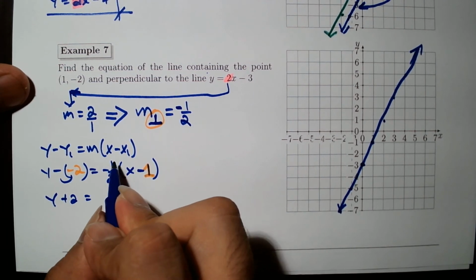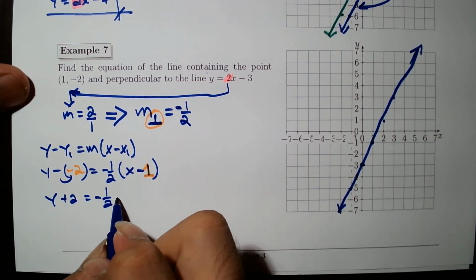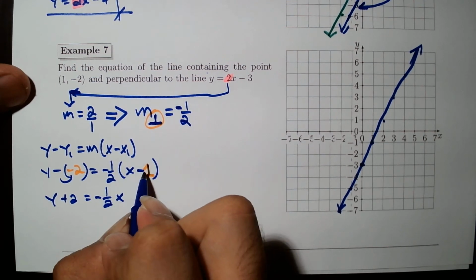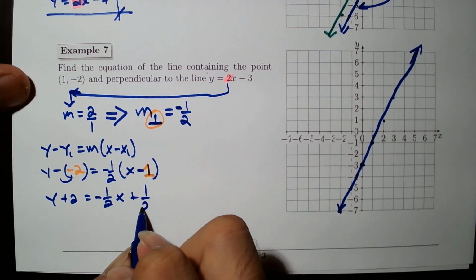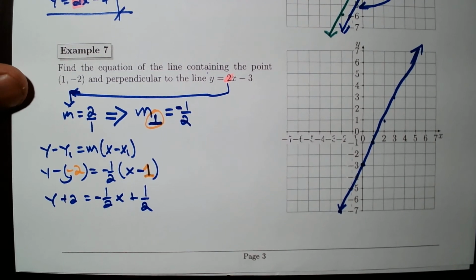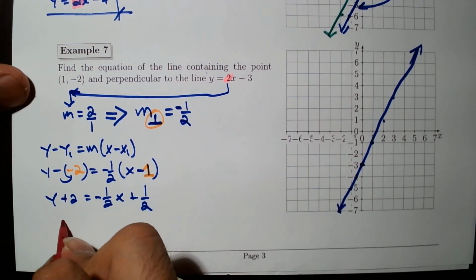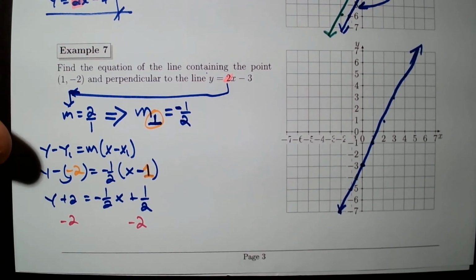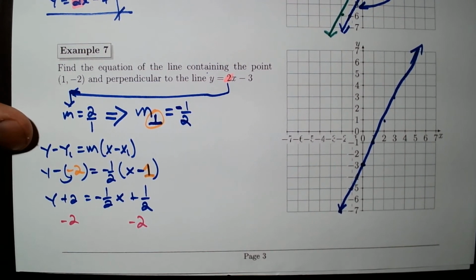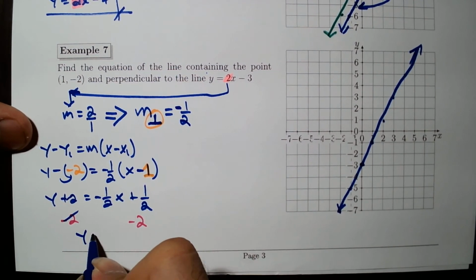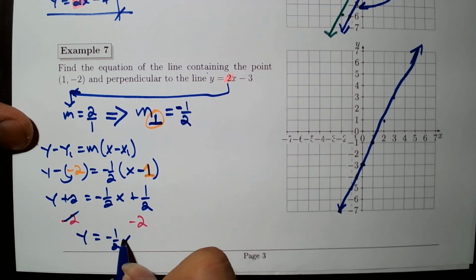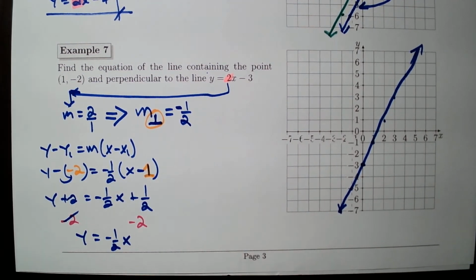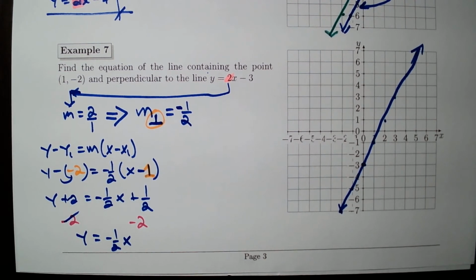Distributing the negative 1/2, we get negative 1/2 x, and then negative times a negative is positive 1/2. Finally, we subtract 2 from both sides to get y equals negative 1/2 x, and 1/2 minus 2.